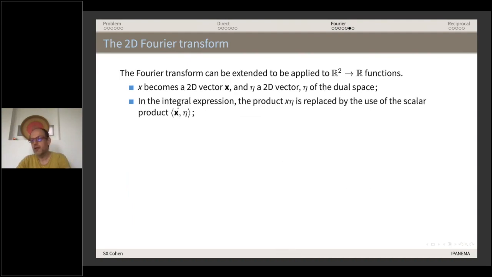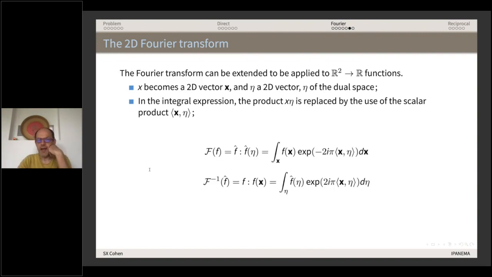Either I consider x and eta to be in the same space, and this is really a simple scalar product, or they are in dual space, and then I'm applying eta as a form to x. But to make it simple, I will say I'm applying the scalar product of a vector in the time domain with a vector in the frequency domain.